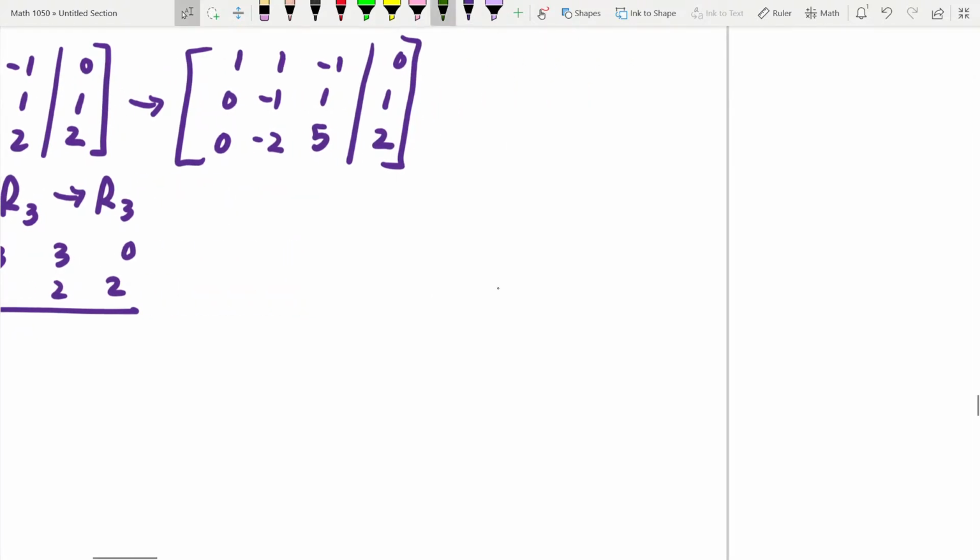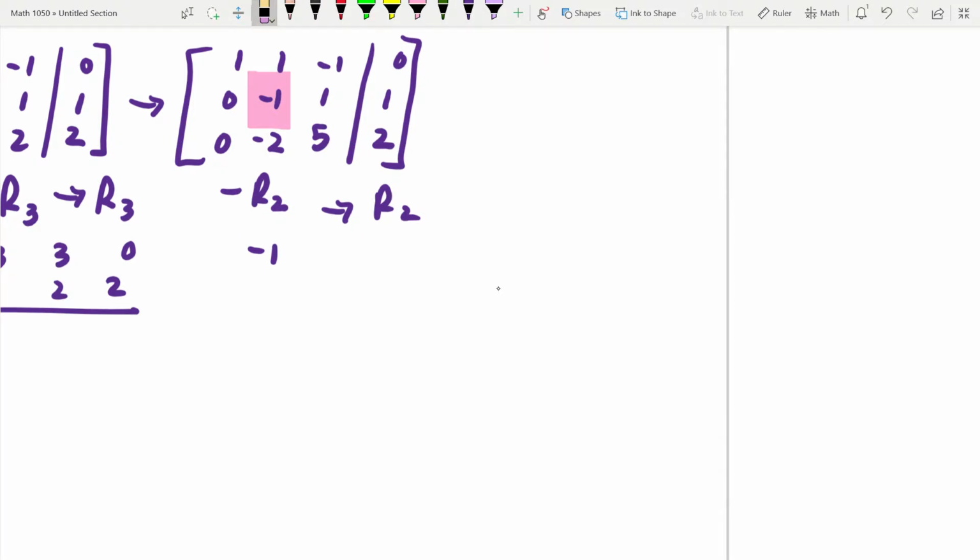The next thing I need is a 1 right there. That's not tough. You just take row 2 and divide it by -1. I'm just telling you, I would never write it like that. Row 2 divided by -1 becomes my new row 2, because dividing by a -1 is the same thing as what, everybody? Multiplying by -1.